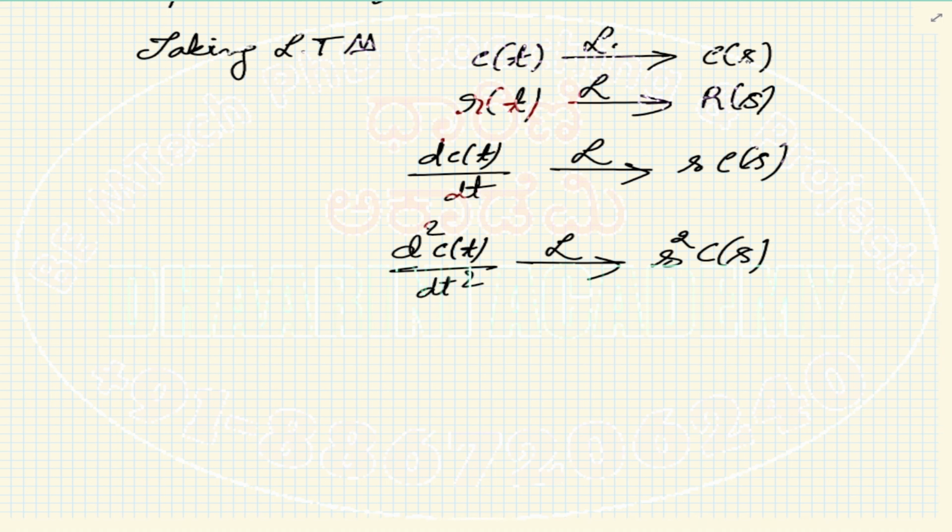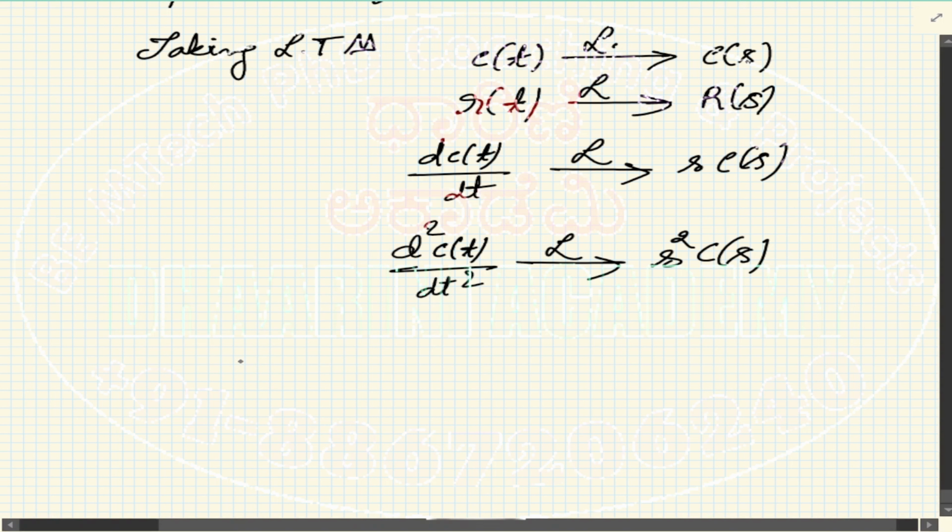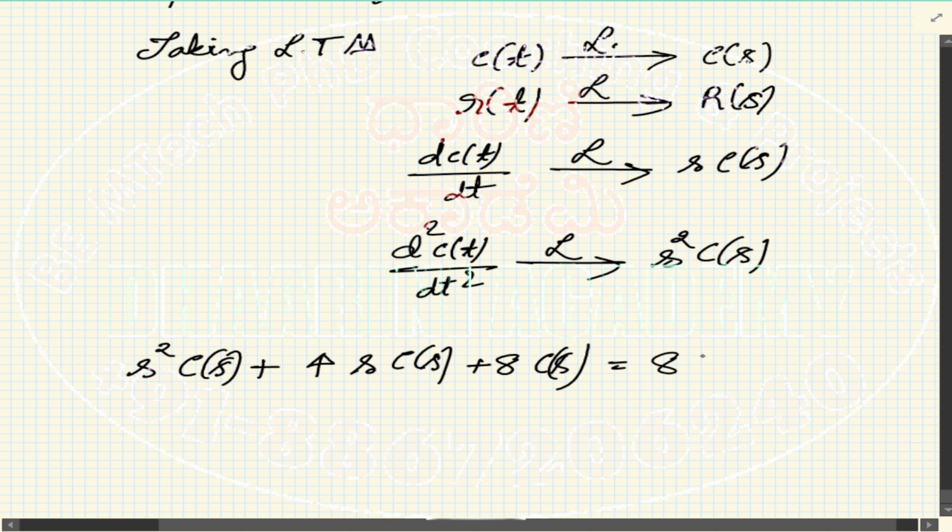We have the first term d square c of t by dt square, which simply transforms into s square into c of s, plus 4 into dc of t by dt, which becomes simply s into c of s, plus 8 times c of t, which becomes c of s, equals 8 into the input, so r of s.